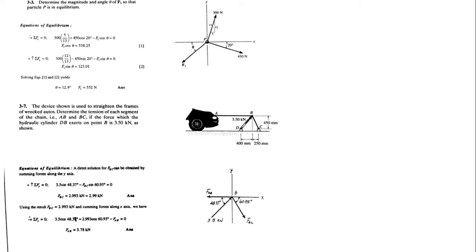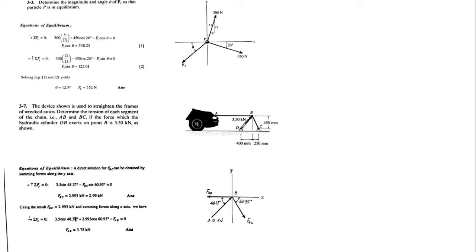Now once you've got force BC calculated, it's very simple. You need to calculate the force AB. So you apply sigma Fx equals 0: 3.5 kilonewton cos 48.37, then the force BC component, it will be 2.993 cos of 60.95, and the unknown force minus FAB.